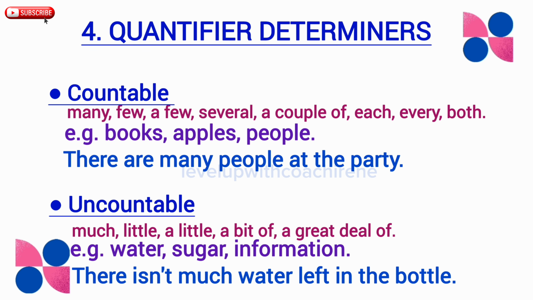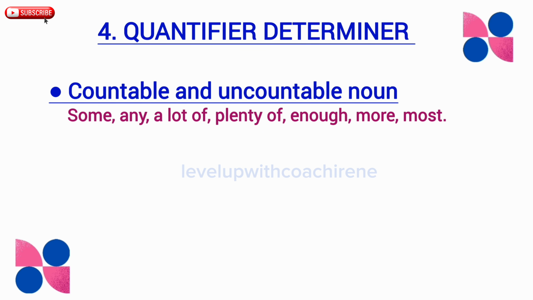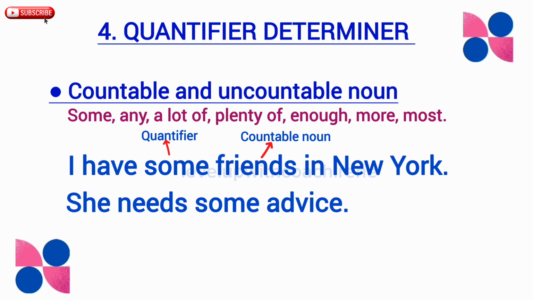Thirdly, there are quantifiers that can be used for both countable and uncountable nouns. They include some, any, a lot of, plenty of, enough, all, most. Example sentence: I have some friends in New York. She needs some advice.